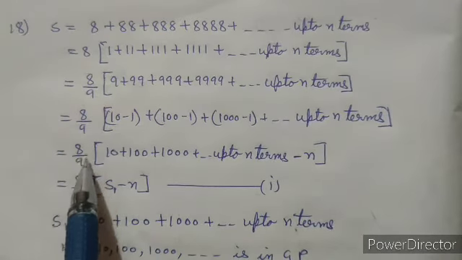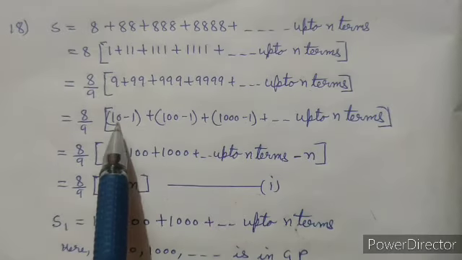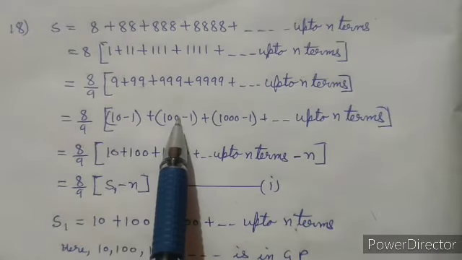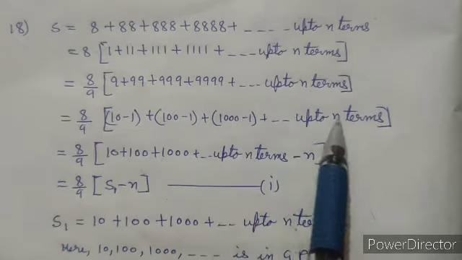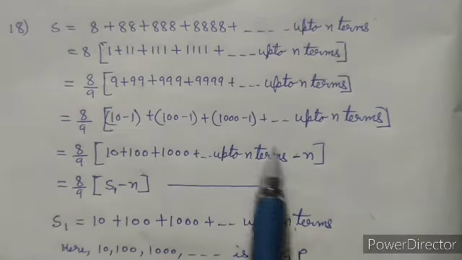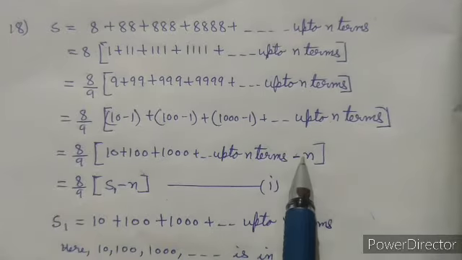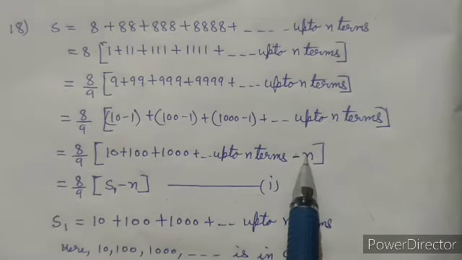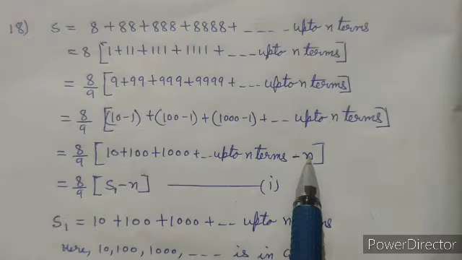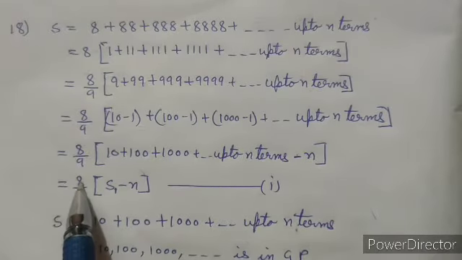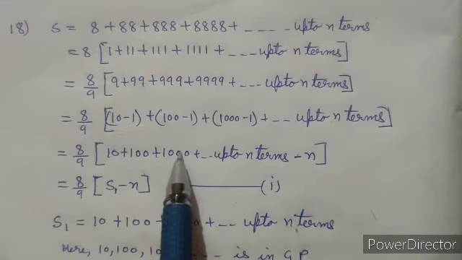Now this will give us 8/9 into (10 + 100 + 1000 up to n terms minus this 1, we are getting n times, so this will be n into 1, that will be n).